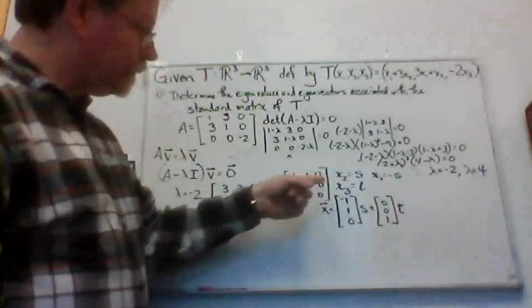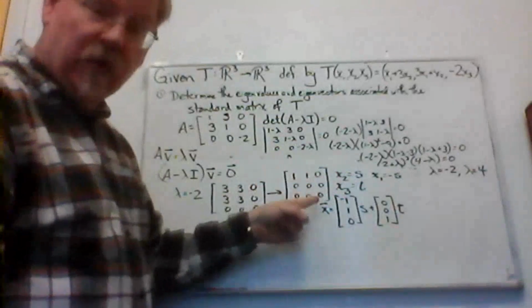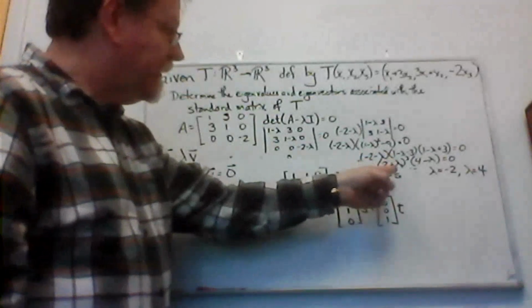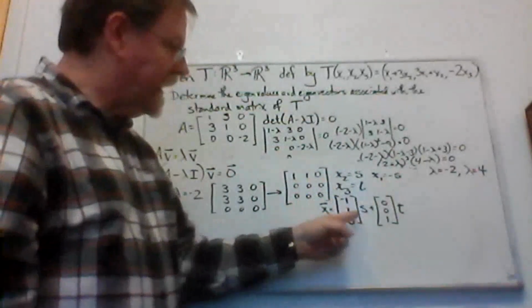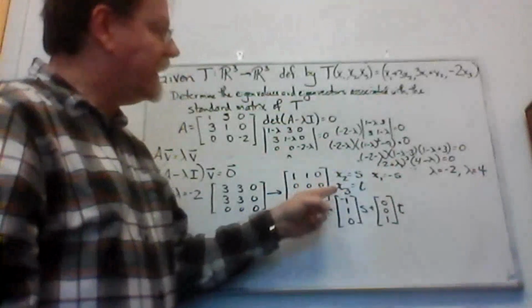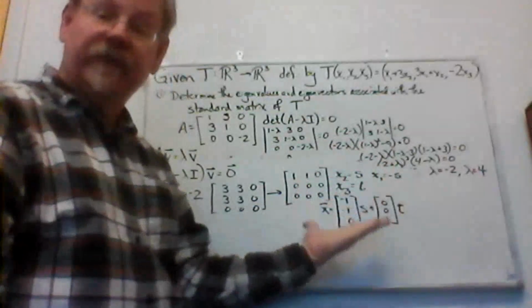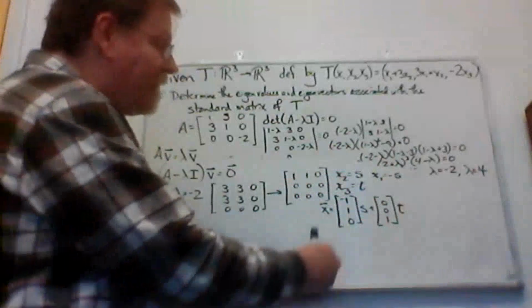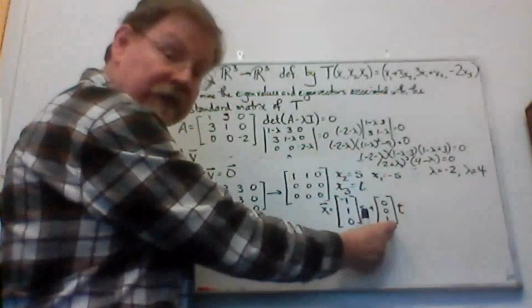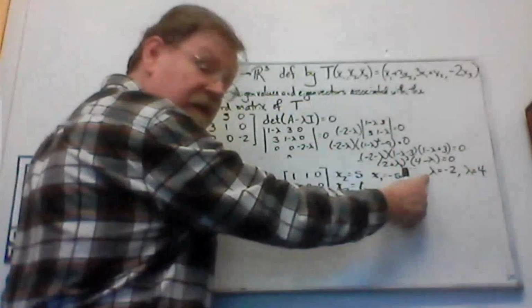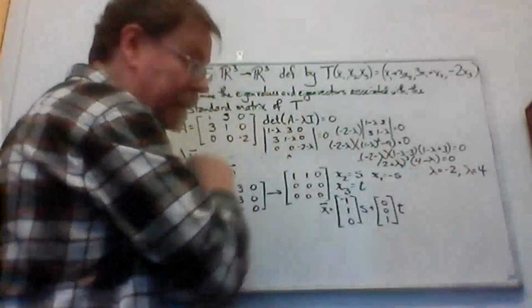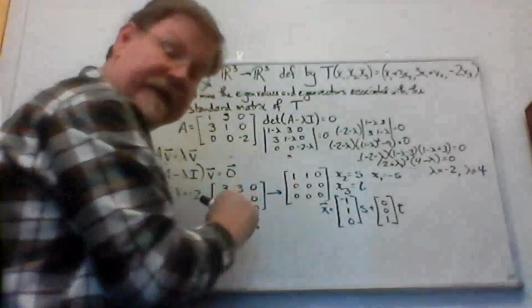Because x1 is -1s plus 0t, x2 is 1s plus 0t, and x3 is 0s plus 1t. So what we have here are two linearly independent eigenvectors associated with this one eigenvalue, lambda equals -2. That's nice.